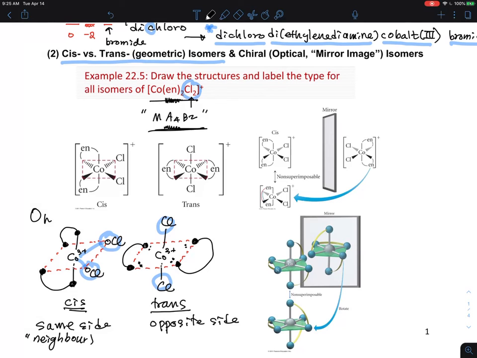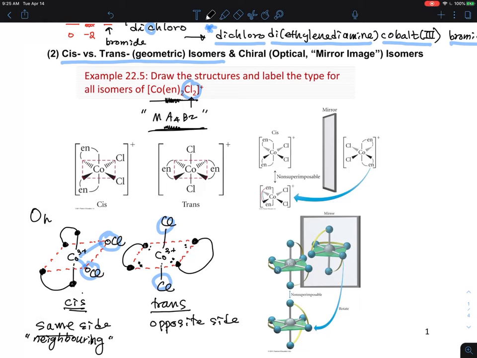Neighboring side is a better word. So it's not 180, but it's a 90-degree side. Whichever way you do it, it's all 90 degrees, right?